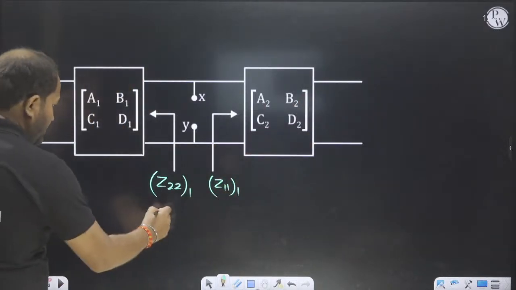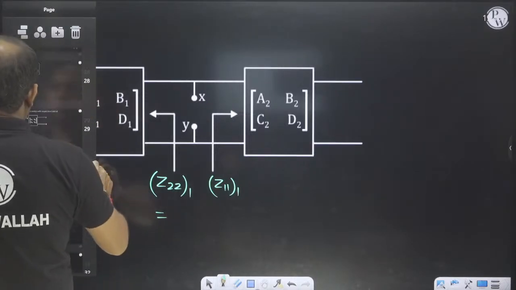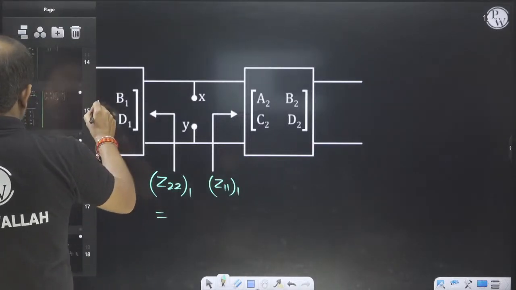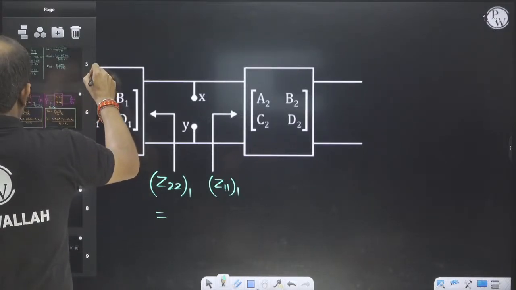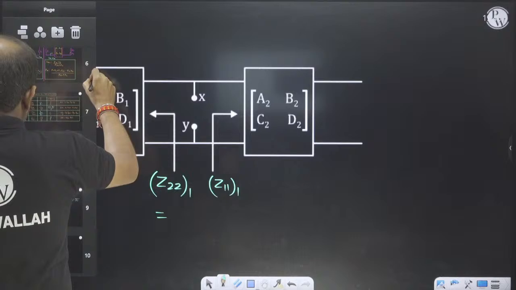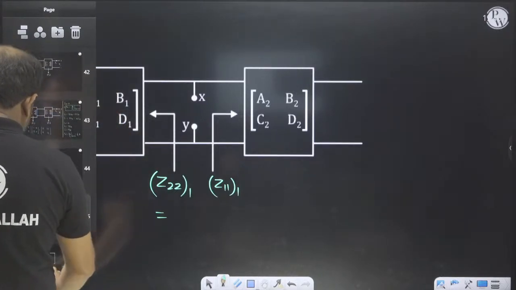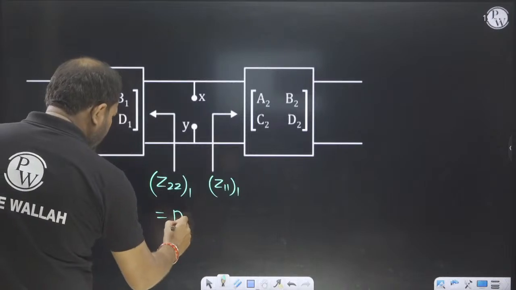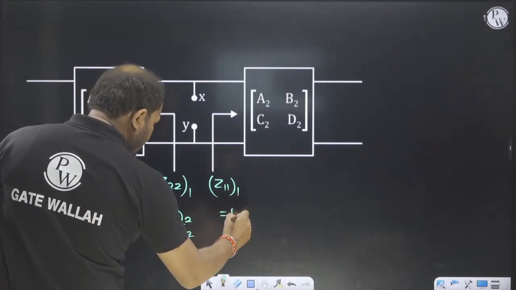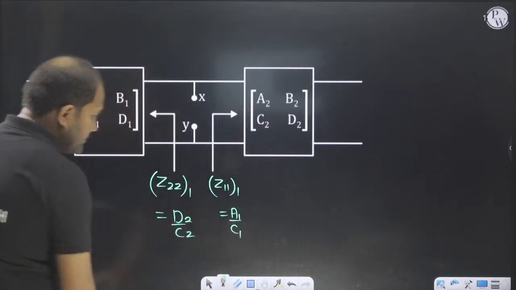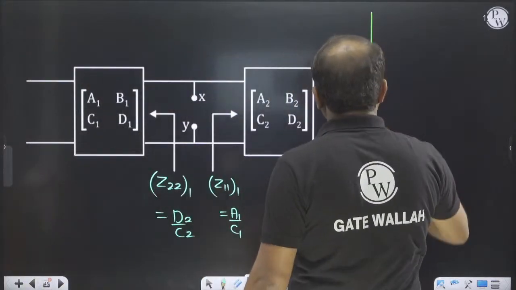If you know the formula, Z11 and Z22 in terms of ABCD parameters are A by C and D by C. So Z22 is D by C, and Z11 is A by C. Then it is very easy to calculate.